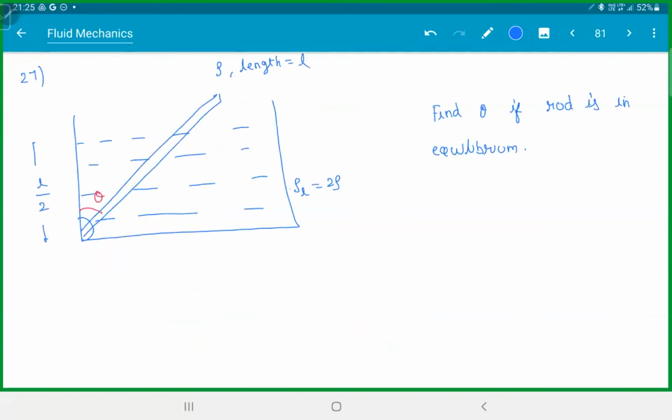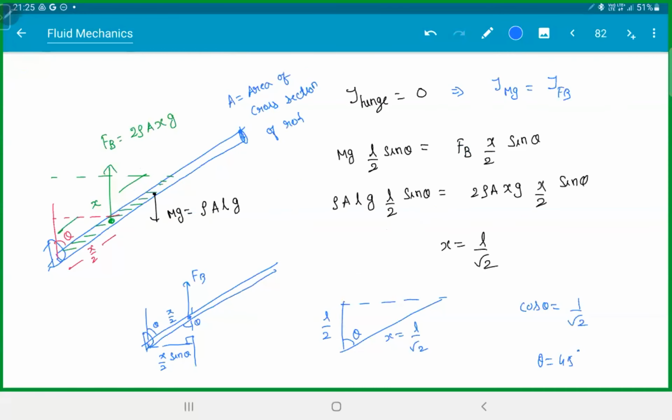This rod is there, na? The rod is like this. This was the area. This is the length. So what is the volume? A into L, na? Understood? Basically, I'm taking this as area. Clear? Next one.